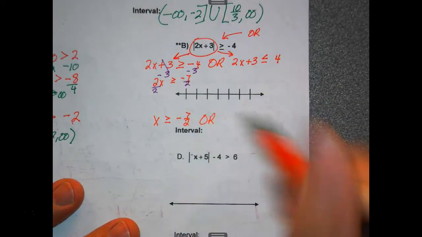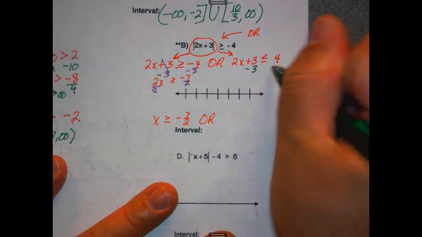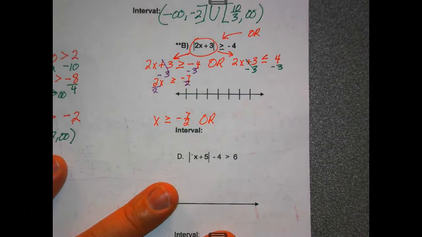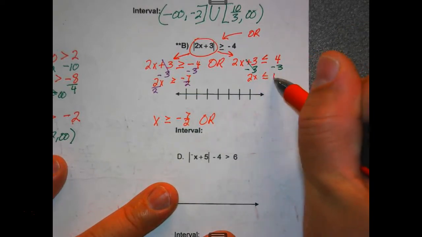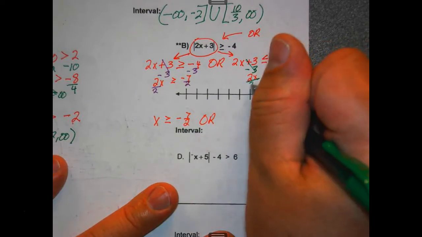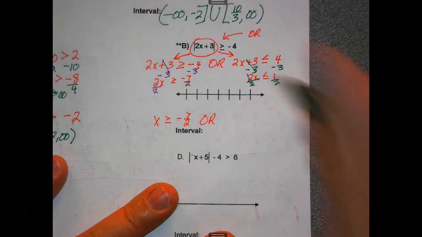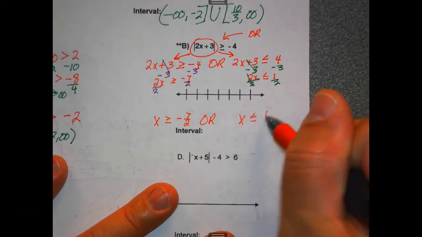Or subtract 3, subtract 3. I get 2x is less than or equal to 1. Divide by 2, divide by 2. I get x is less than or equal to 1/2.